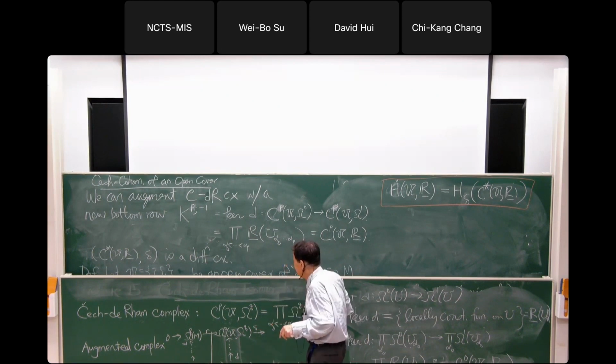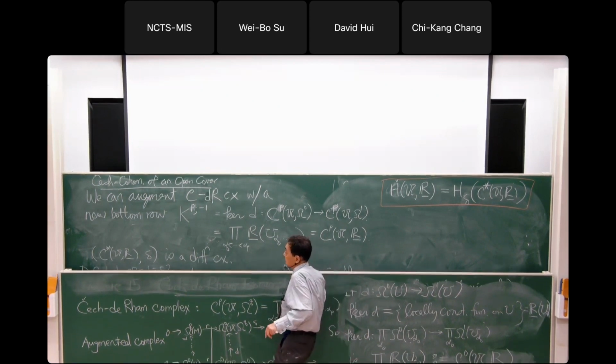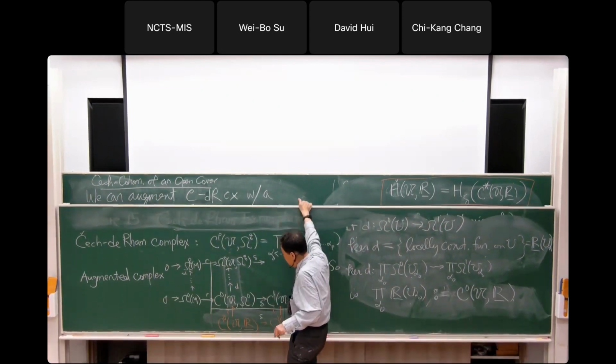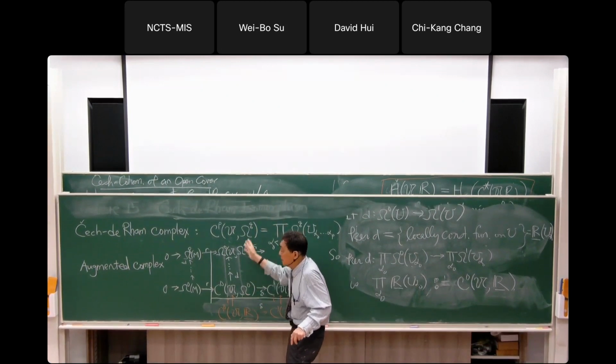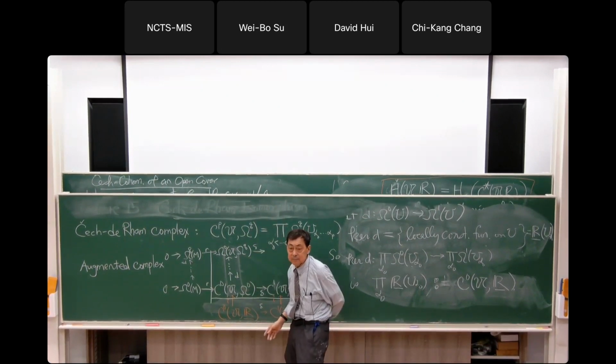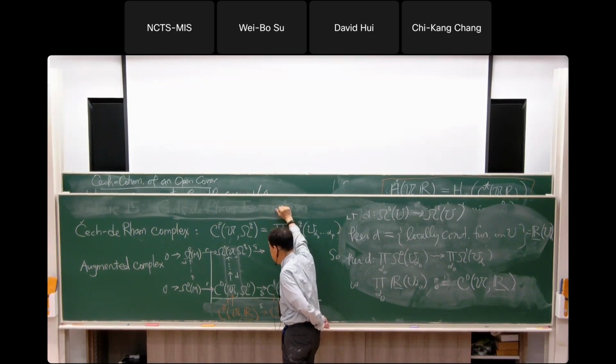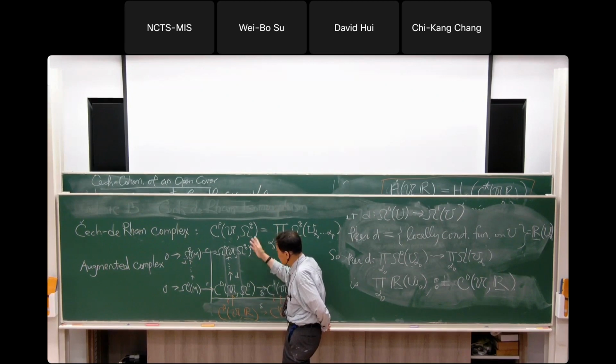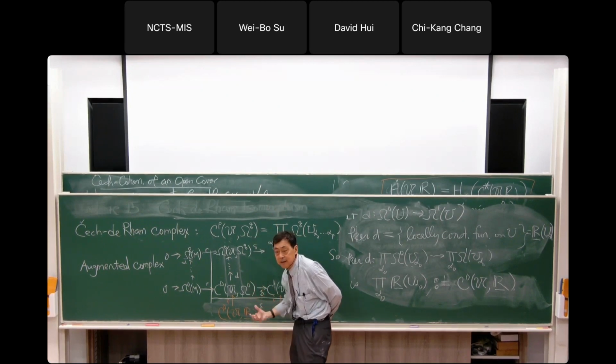So now what we need is that the augmented columns are exact. And the columns, they're just the de Rham complex on each open set, right?